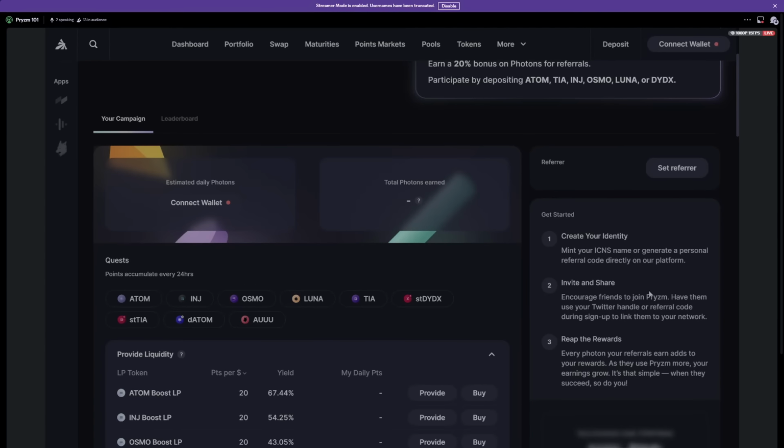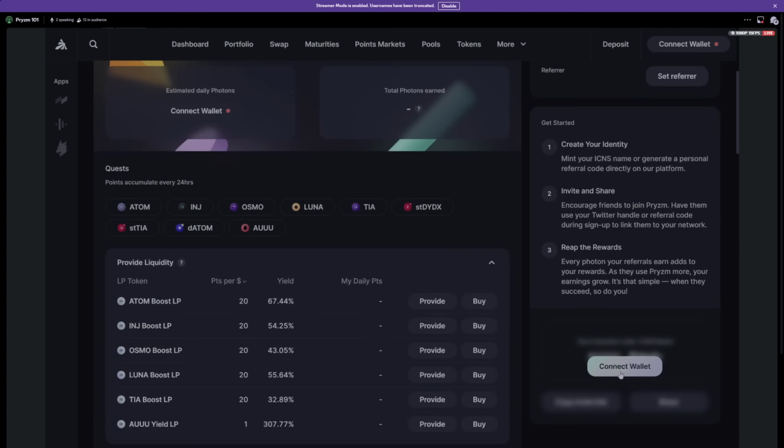So what you can do here is you can either just generate a normal referral code, or you can use what's called your ITNS name, which is your Twitter name. And then if you connect your wallet, there's a share referral link here.